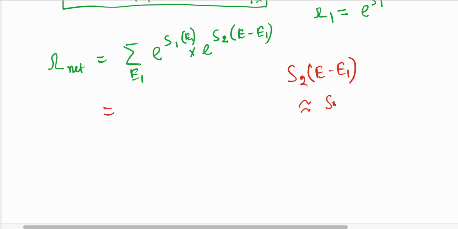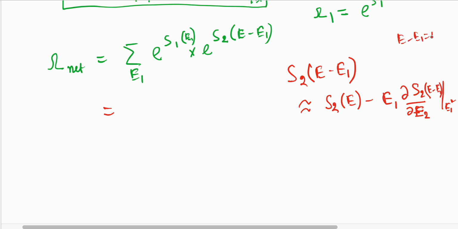So we can write S2 of total energy minus E1 as S2 at E1 star plus the derivative term, where E minus E1 is actually E2.